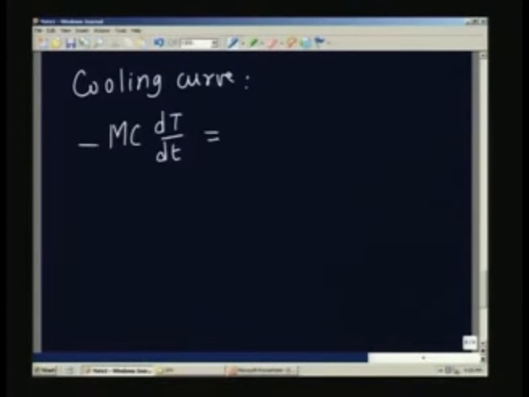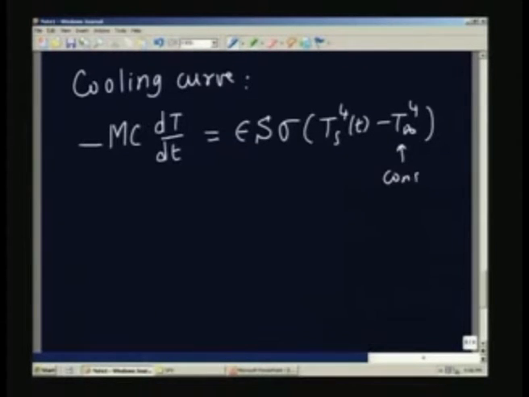Or you can say minus mc dT by dt is equal to epsilon times the surface area times sigma, times T s to the power of 4, which is a function of time, minus T infinity to the power of 4. This is a constant.